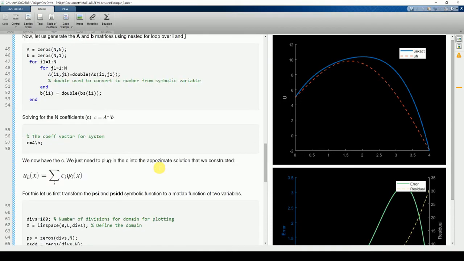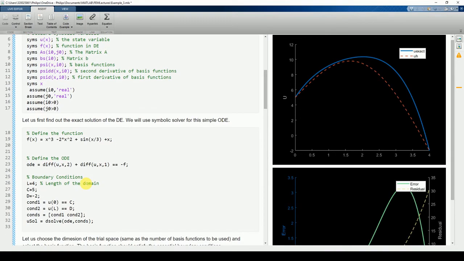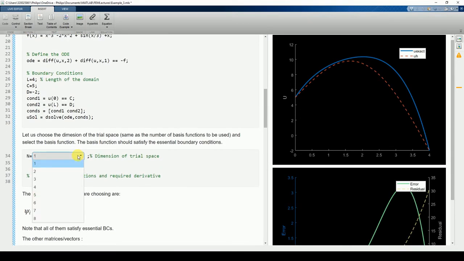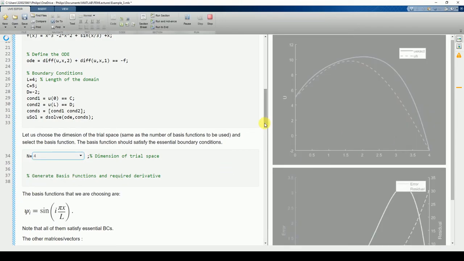Okay, let's now try to run the code. Let us use n equal to 4. I hope there is no bug.